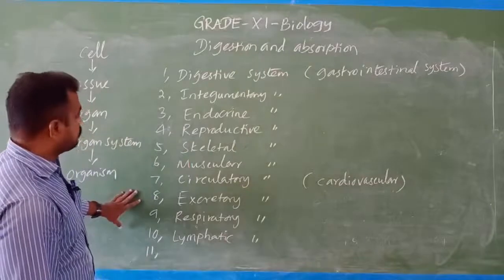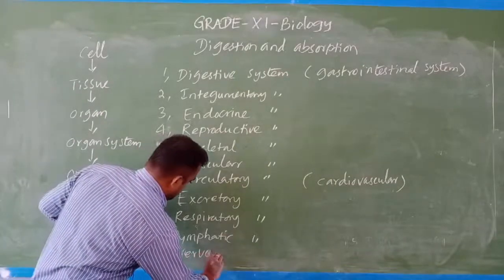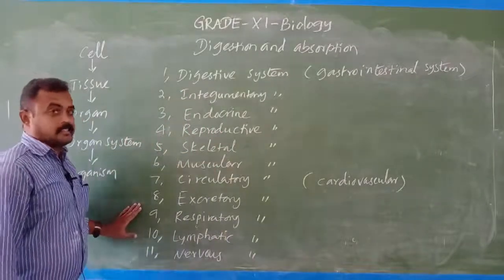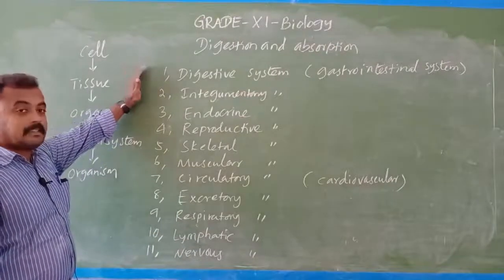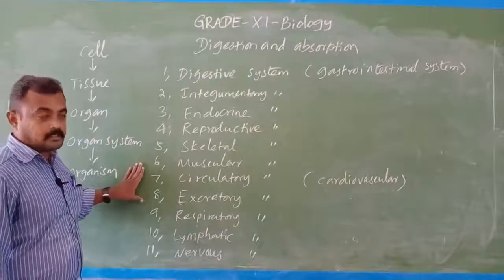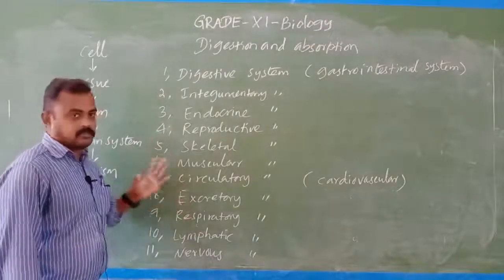The 11th one, nervous system. So we have 11 systems. Those 11 systems are very important for our functions. They do the functions which help us to live, right?